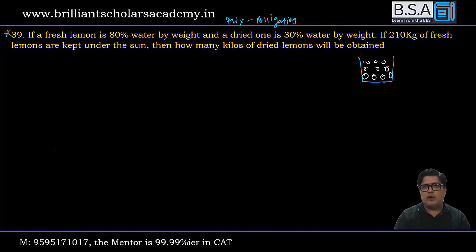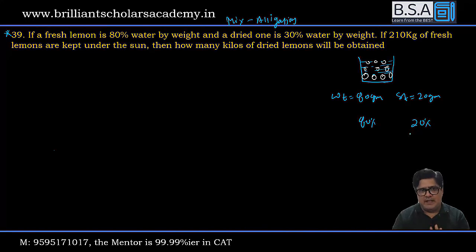The water has a weight, let us assume, of 80 grams. Let us say stones have a weight of 20 grams. Because total weight is 100, can I say water is 80% and stones are 20%?